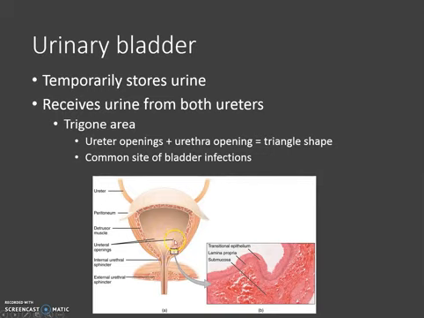This area is clinically significant because it is a common site for bladder infections. Bladder infections typically occur when bacteria from outside the body make their way into the urinary bladder, and it typically goes into the urinary bladder through the urethra.